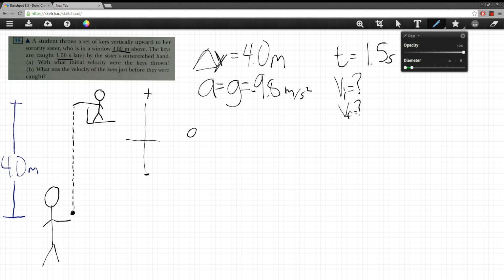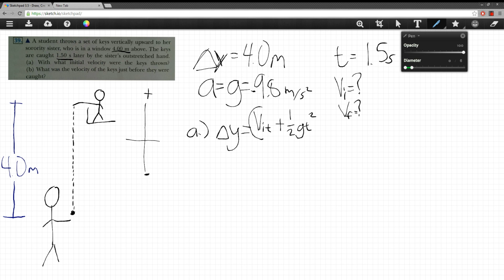So for part A, to find initial velocity, I'm going to be plugging into the kinematic that is change in y equals v initial t plus 1/2 g t squared.